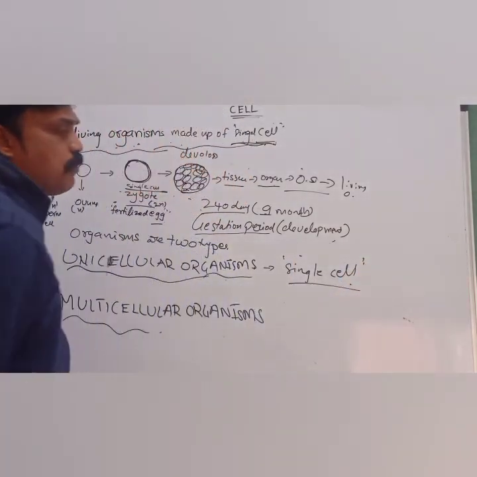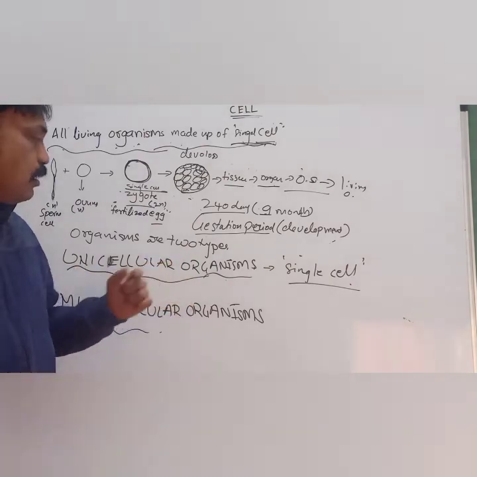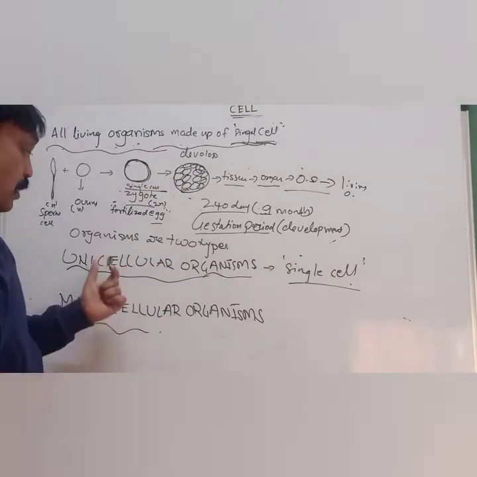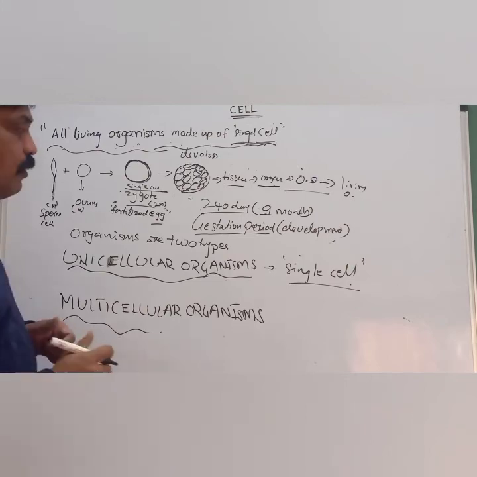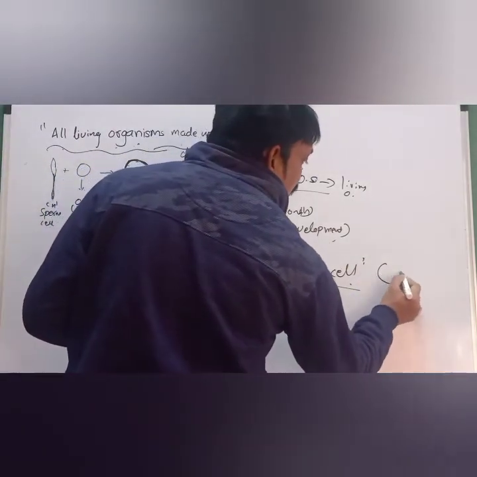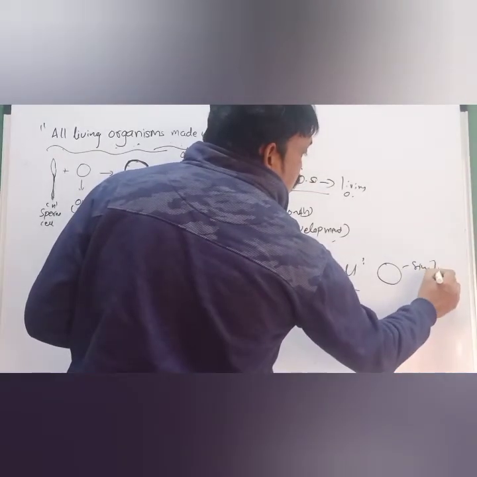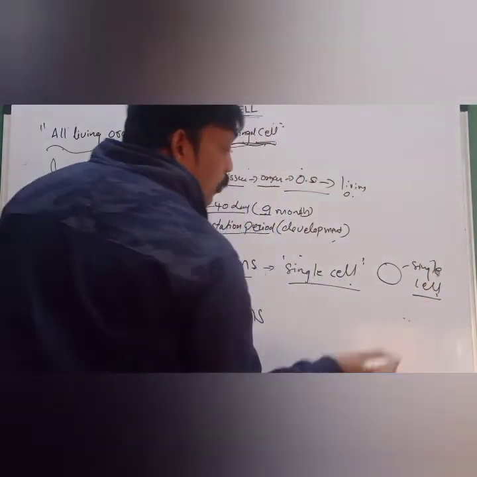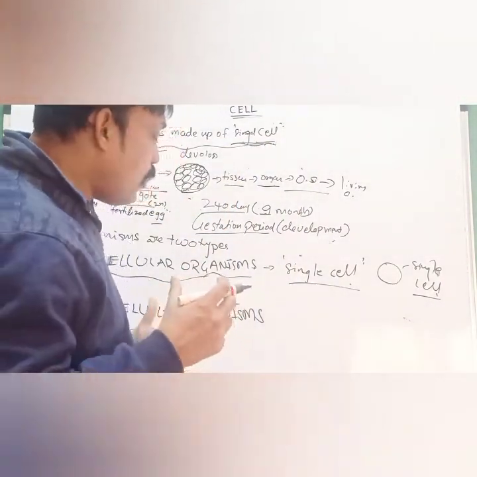An organism whose body is made up of a single cell is what we call a unicellular organism. The total body is made up of a single cell only. Yes, that type of organism also exists.